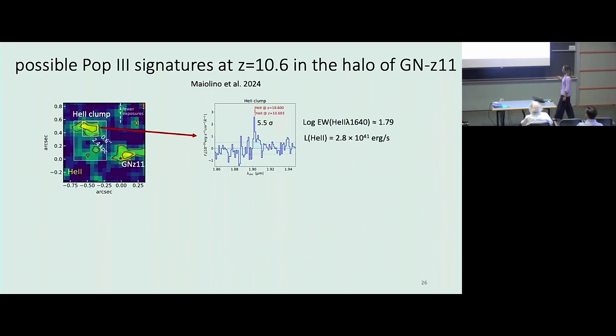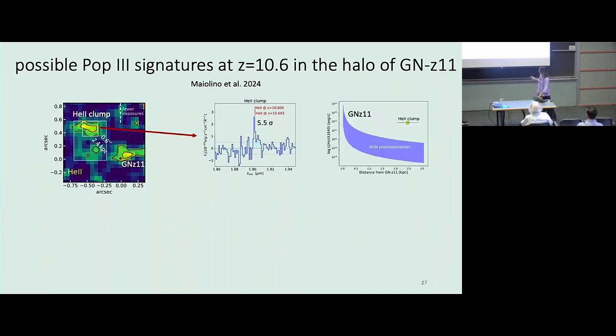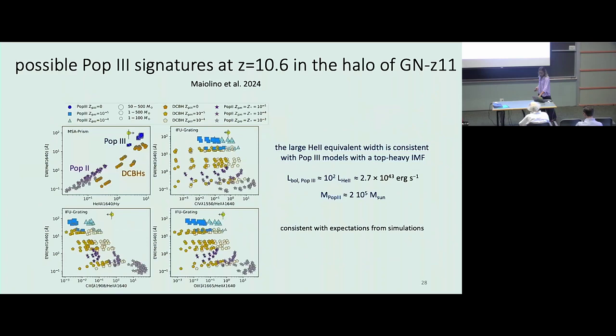And again, a huge equivalent width cannot be interpreted as due to photoionization from the GN-z11 source. So, doing a very sophisticated analysis in terms of photoionization models, the plausible conclusion is that it could be due to in situ photoionization from Pop III stars.